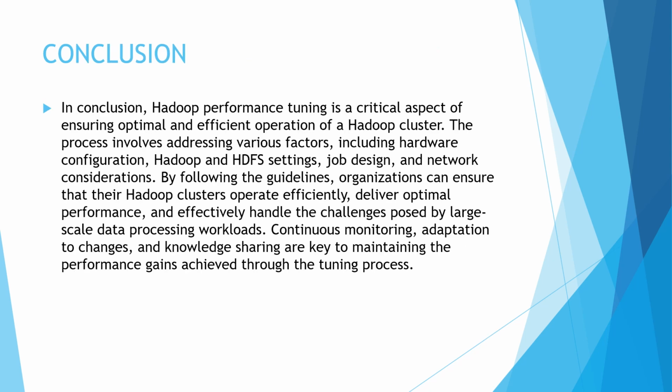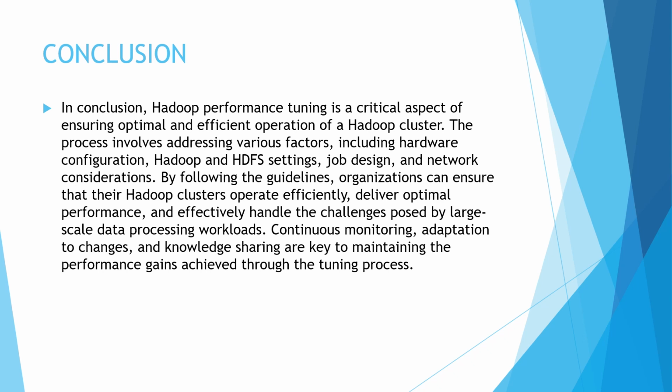Conclusion. In conclusion, Hadoop performance tuning is a critical aspect of ensuring optimal and efficient operation of a Hadoop cluster. The process involves addressing various factors including hardware configuration, Hadoop and HDFS settings, job design, and network considerations.